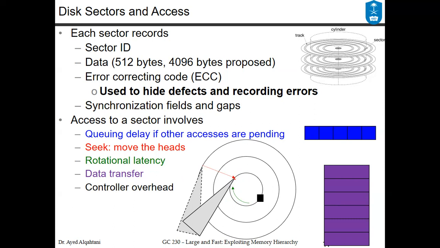And after that, once the head is on top of the sector, there is a data transfer delay, indicated by this purple color. And there is also the controller overhead. The controller meaning the hardware controller of the drive, and also some part of it is in software.